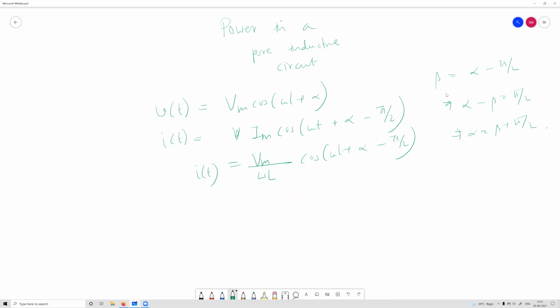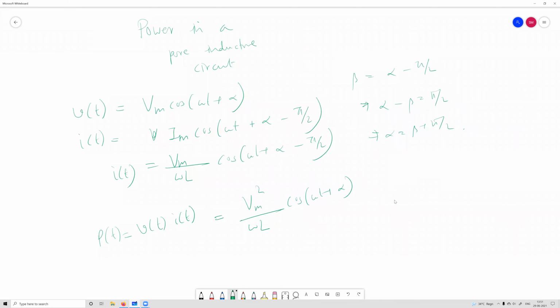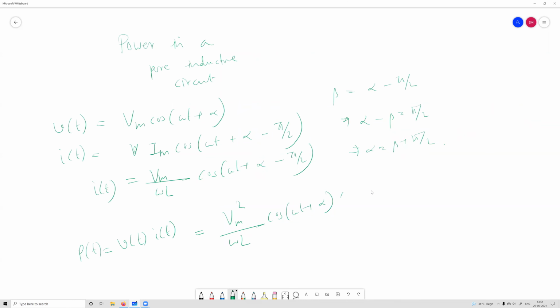So what is p(t)? p(t) equals v(t) into i(t). That is Vm square by omega L cos(omega t plus alpha) times the other cosine. Yes, we can write this because, to recap, it was Im cos(omega t plus beta), we had assumed it, but we found out that alpha equals beta plus pi by 2.